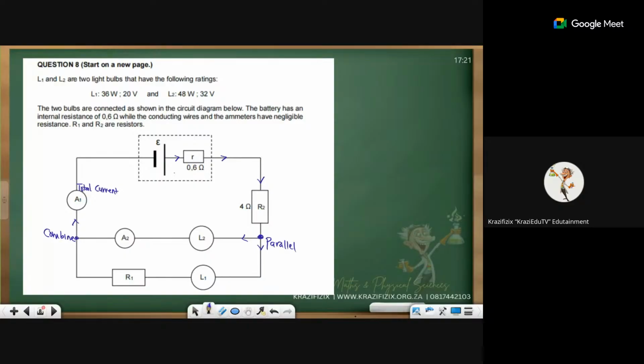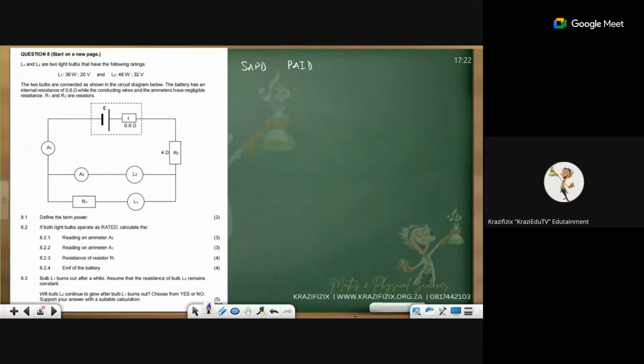Total current will go through here, and also through here. It is only at that point that it splits. And what do I know? Parallel are current dividers. Also don't forget the relationship between current and resistance: inversely proportional. So I have this already as an outline. Now let's look at what the examiner wants us to do.